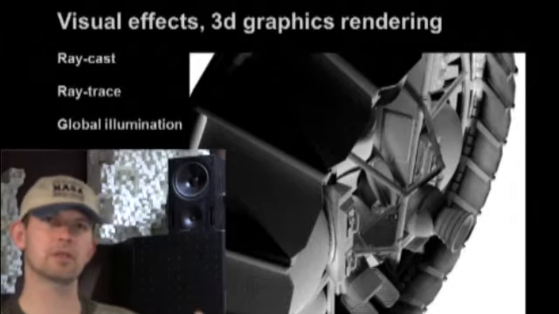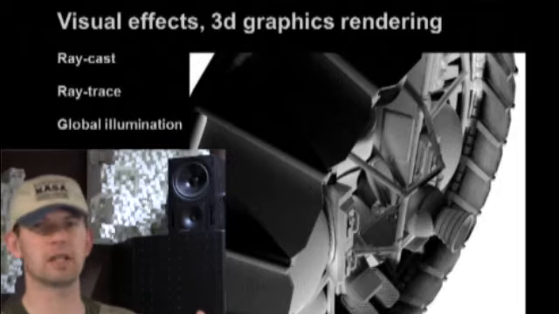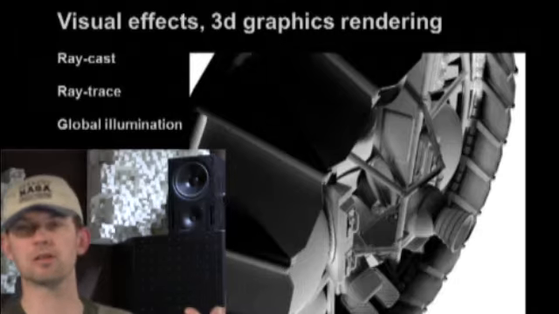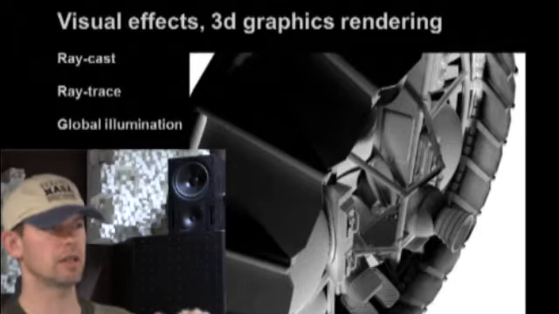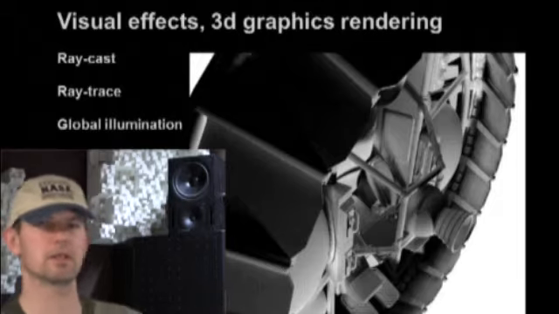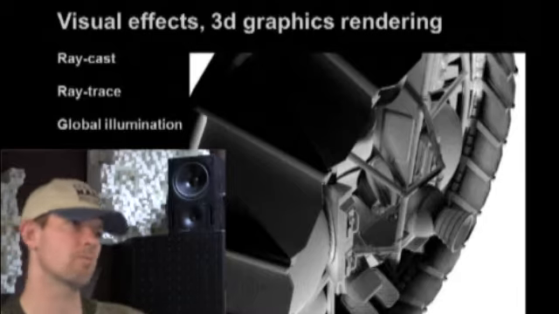And there are different render qualities in Maya and other 3D softwares. The most basic one is raycast. And the shadows that you get when you make raycast are very sharp and basically not realistic at all.